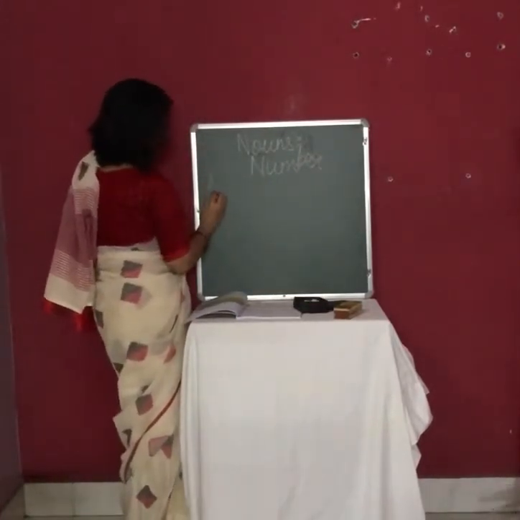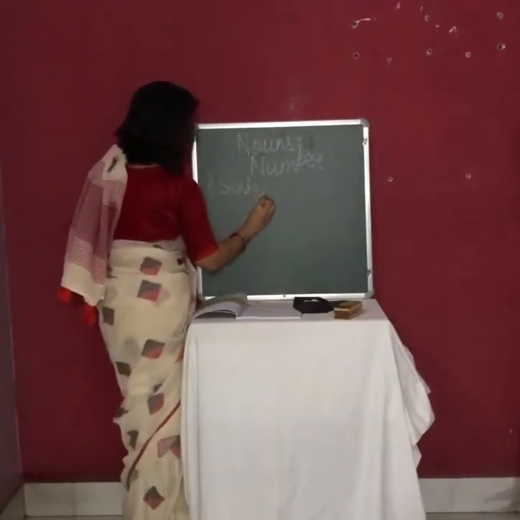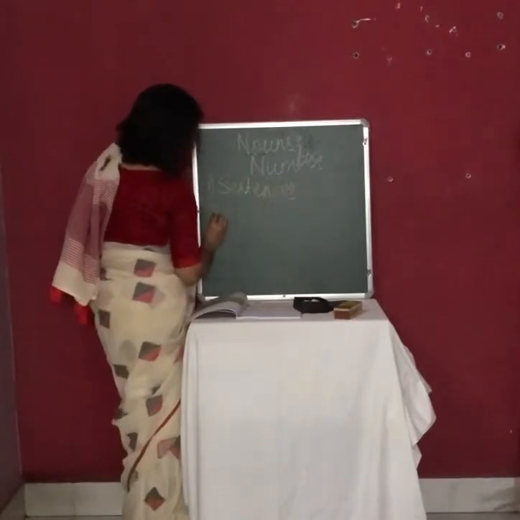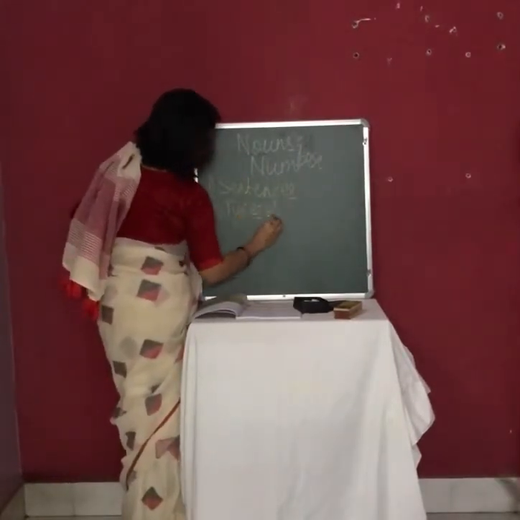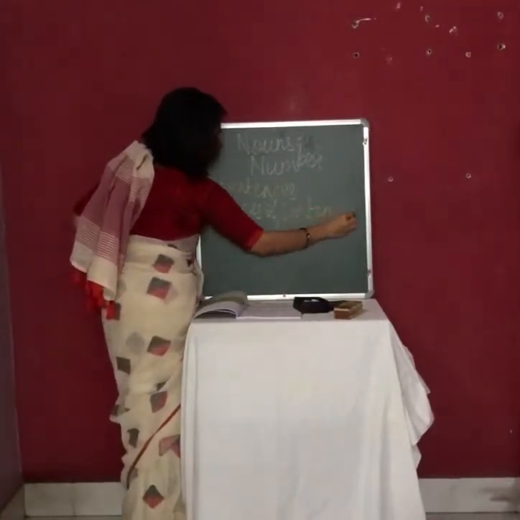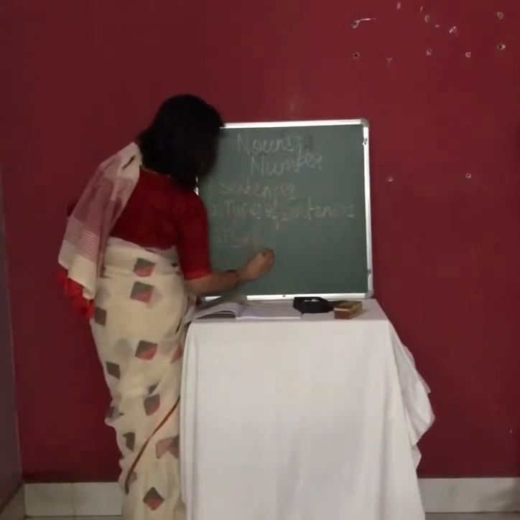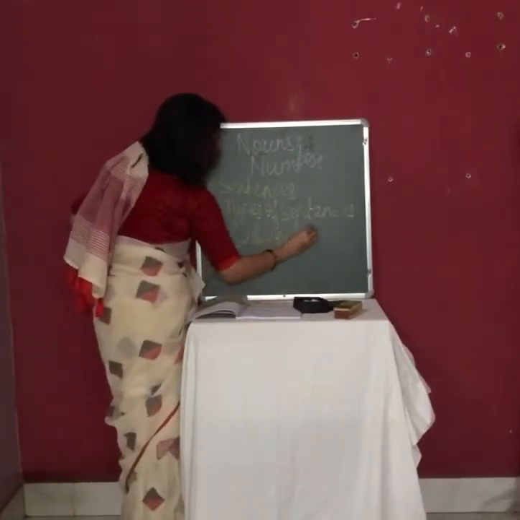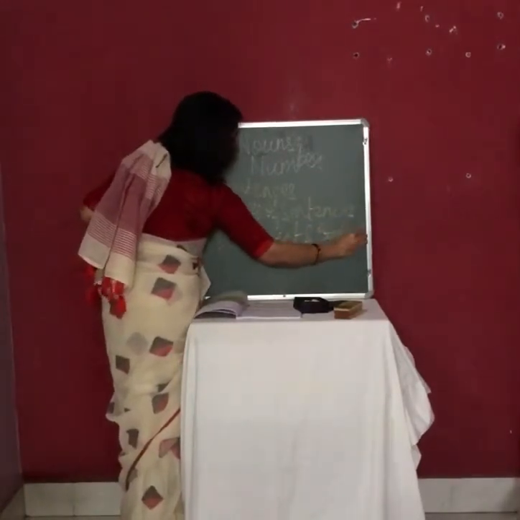We have covered, number one was sentences. Number two, types of sentences. Number three was subject and predicate. Many chapters we have covered.